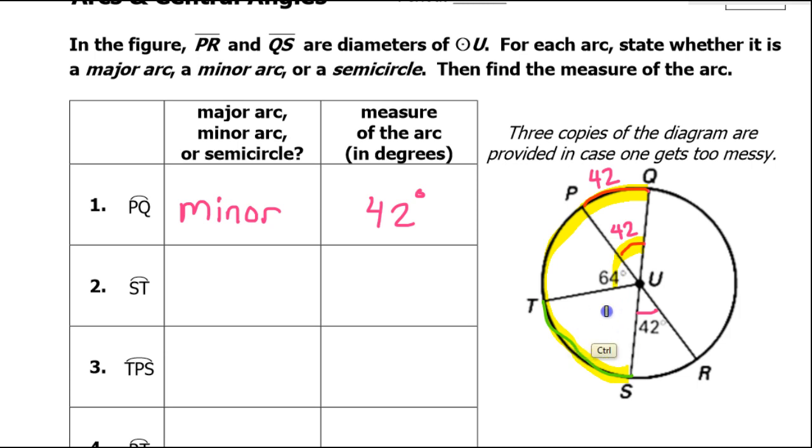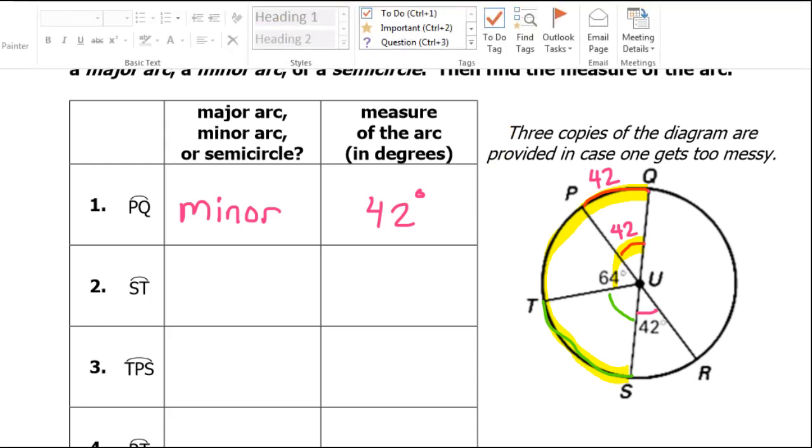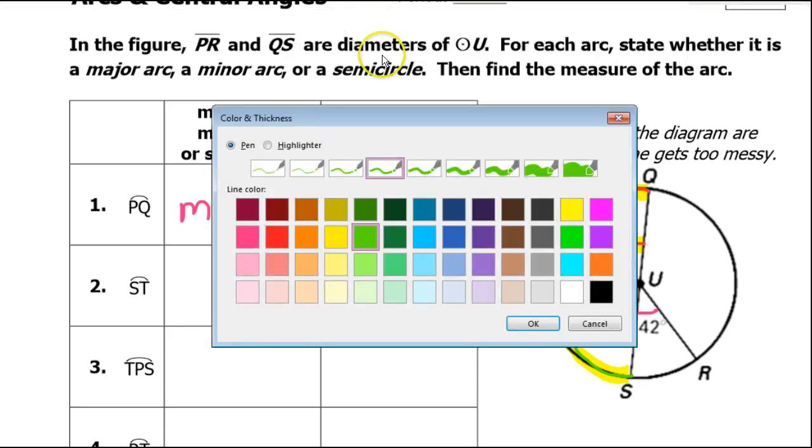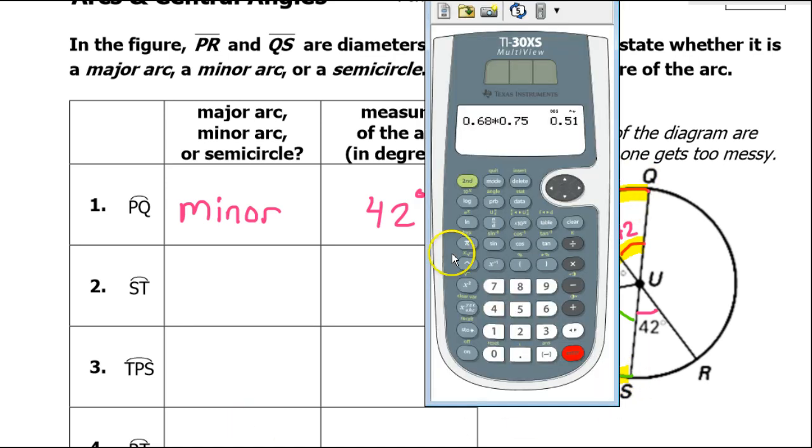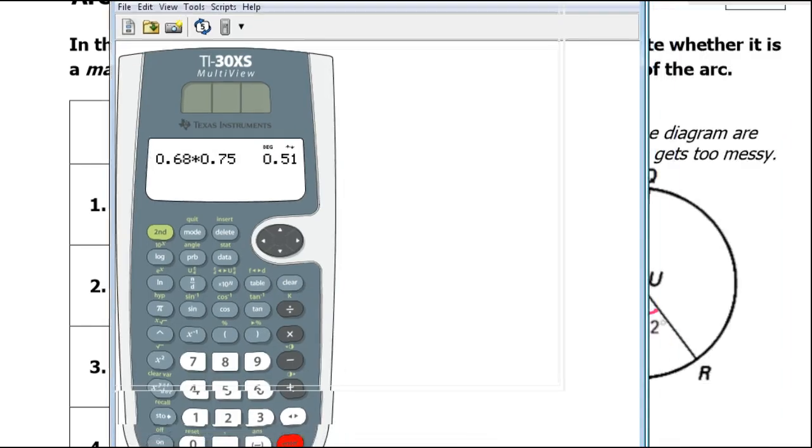We're just missing this central angle right here. So all of these angles have to add up to 180. Or, if I look at it the other way, I could use the arcs: this arc is 42, this arc is 64. All three of these arcs have to add up to 180. So all I really need to do is subtract from 180.